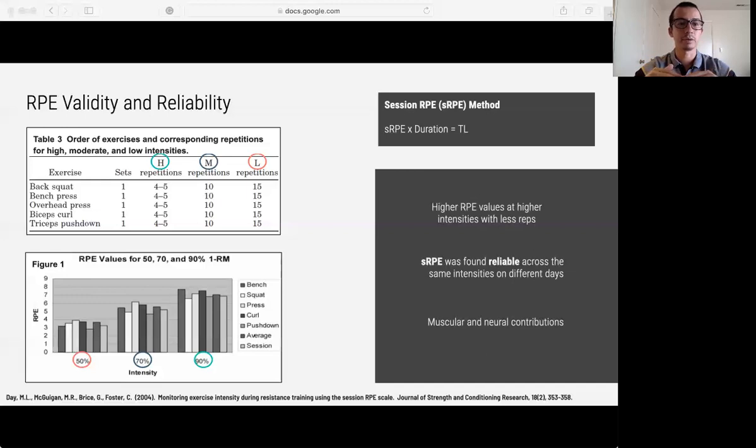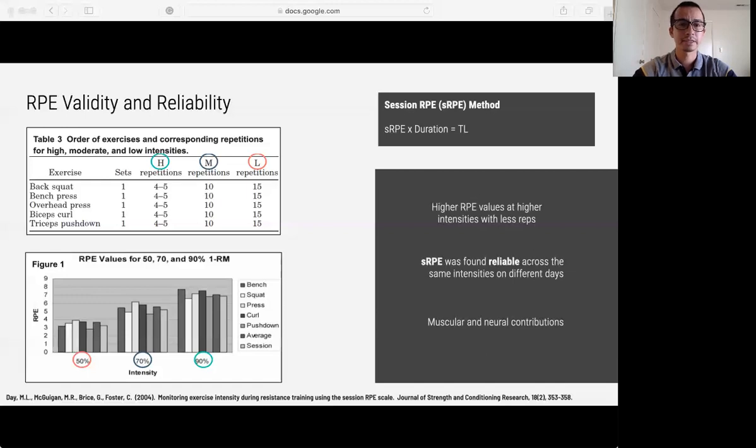Each participant went through all of these different intensities, with individual sessions for each intensity twice. And they found the findings between those 2 sessions for each intensity consistent over time.